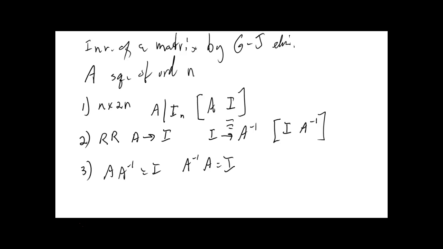Okay, so let's go to example 3. Here's a matrix A. And this matrix A is a 3 by 3: 1, -1, 0, 1, 0, -1, and -6, 2, 3. Okay, that's matrix A. It says find the inverse of that.